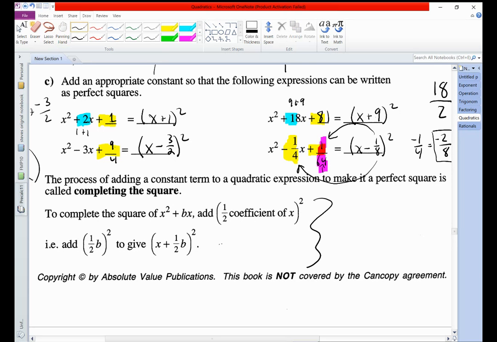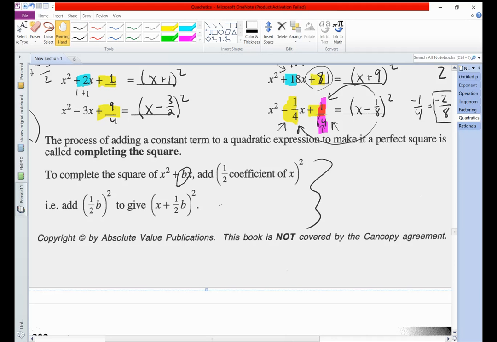To complete the square of x squared plus bx, add 1/2 of the coefficient of x and then square it. So take that b value, take 1/2 of it, and then square it. And that's what we were doing up here, right? We took 1/2 of a quarter, and then we squared it to make 1/64. Same here, we took 1/2 of 18, which was 9, and then we squared it to get 81. So you get used to that process pretty quickly once I show you some real examples.